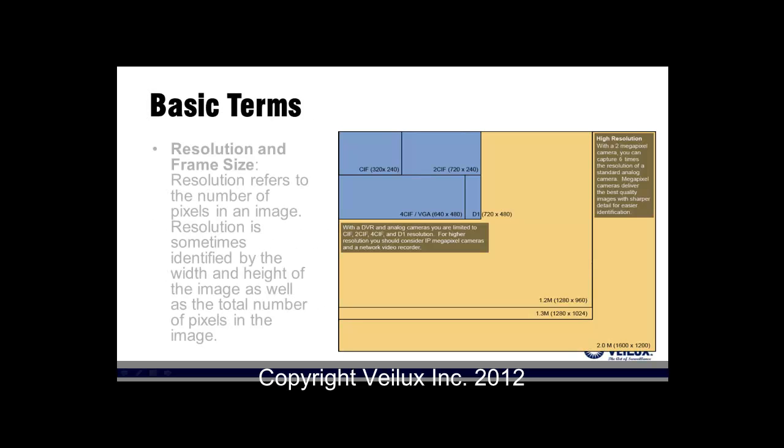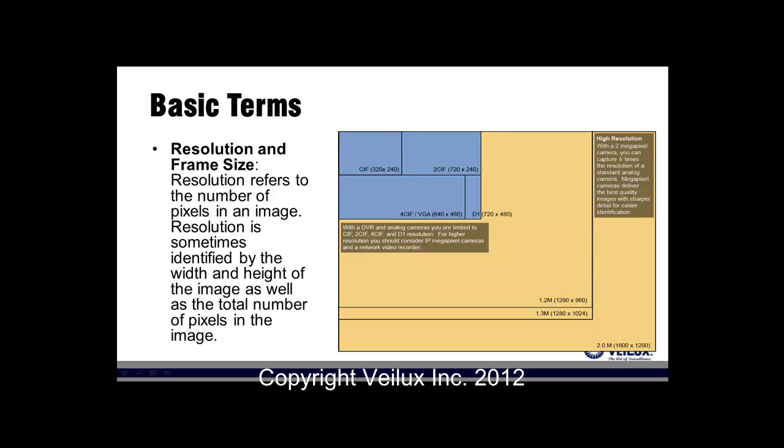Basic terms: resolution and frame size. Resolution refers to the number of pixels in an image. Resolution is sometimes defined by the width and height of the image as well as the total number of pixels in the image.